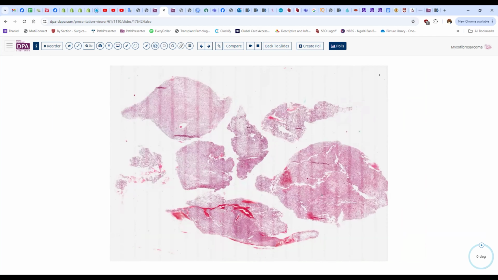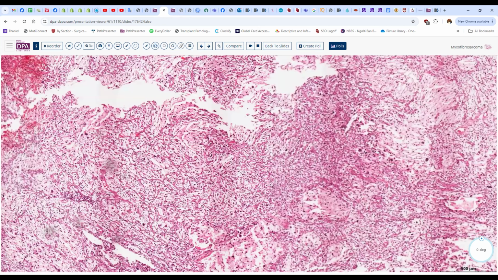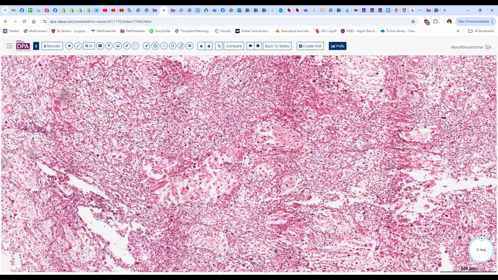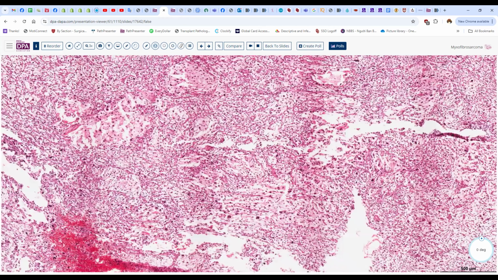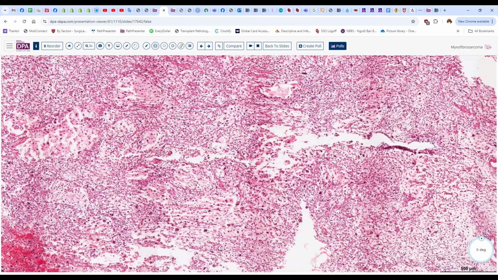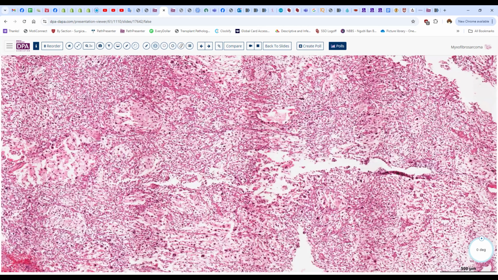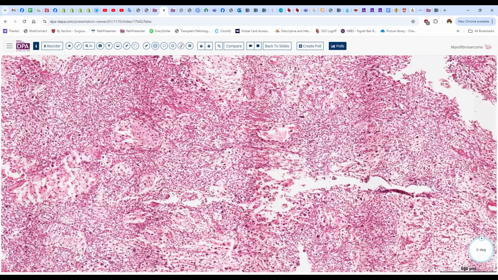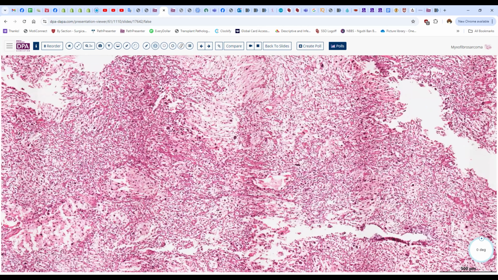And that really pretty much allows you to store an unlimited amount of your own digital slides and to use them for teaching, also to access all of the resources within DAPA that include presentations like this and a wonderful library of reference cases that have been curated and evaluated by really leading experts in their fields.